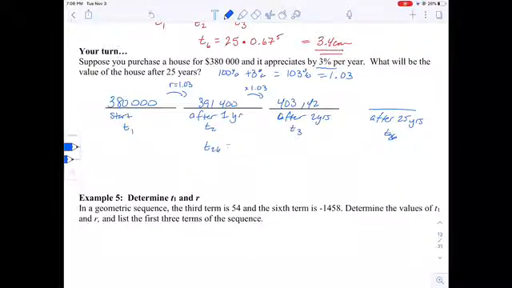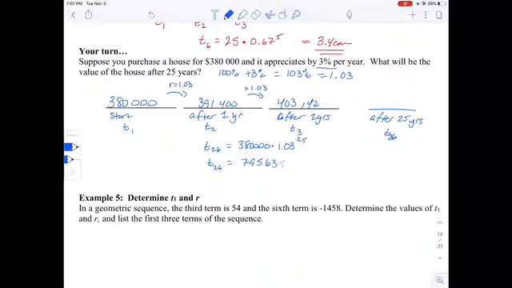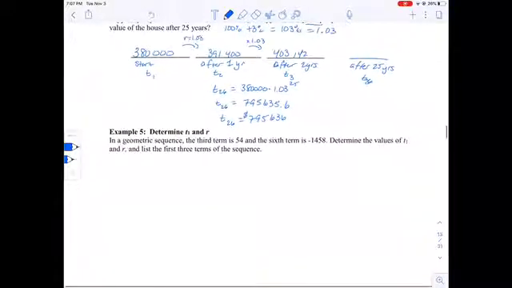So T26 will be our first term, 380,000 times by 1.03 to the power of 25. And if we plug that in for term 26, we get 795,635.6, which I guess to the nearest dollar would be $795,636. Okay.